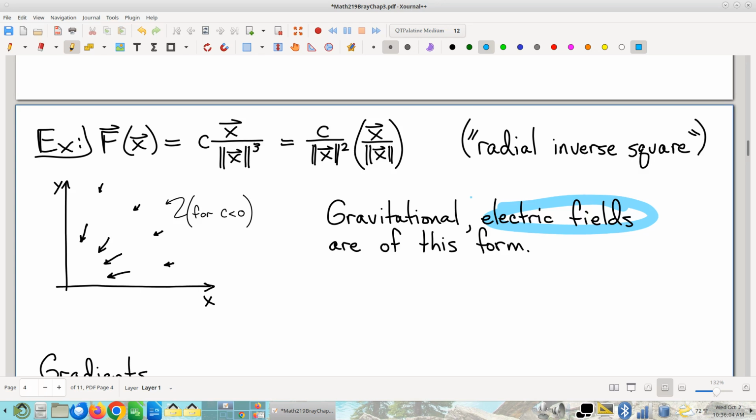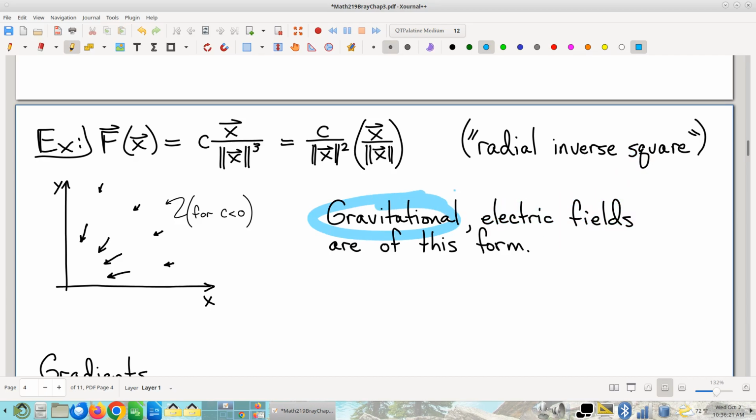So it's another physical phenomenon that's very naturally, and frankly perfectly, represented by a vector field. So electric fields, again, are a big deal. Engineers have to understand electric fields, and this is how we represent them.